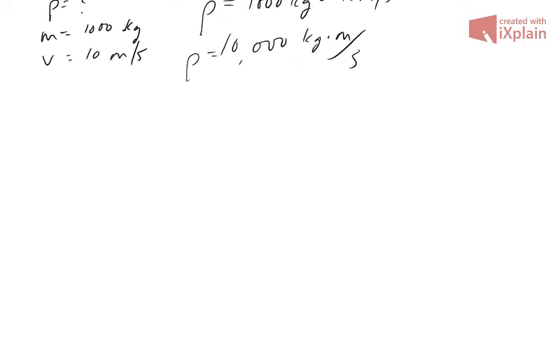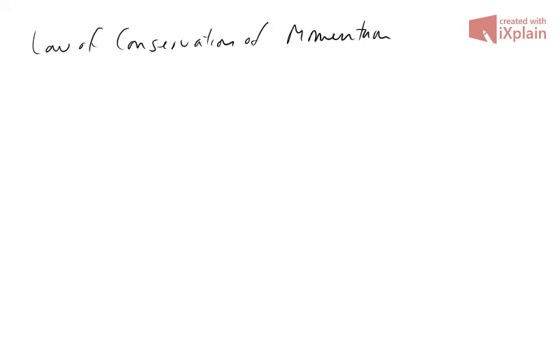Okay. The last part that we need to talk about is something called the law of conservation of momentum. And basically what this means is in a closed system, when you have some sort of collision, the momentum will be the same before and after.